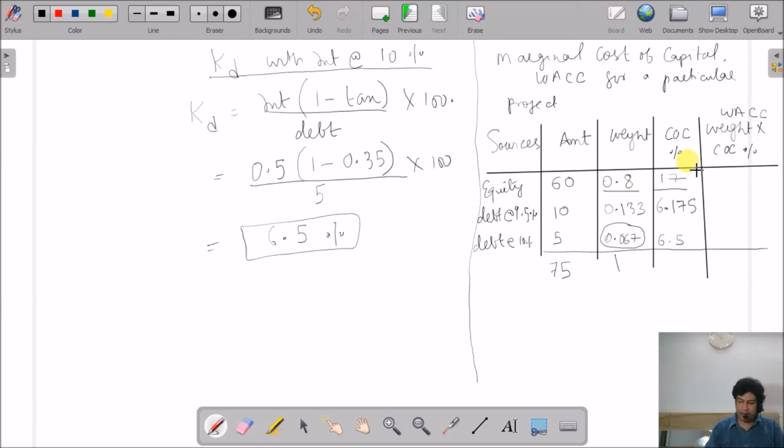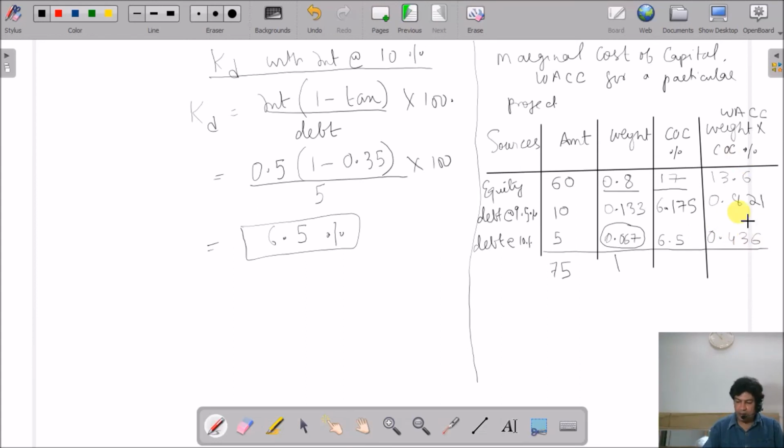So 0.8 into 17 will be 13.6. Then 0.133 into 6.175 will give me 0.821. Till 3 decimal places I am taking. 0.067 into 6.5 will be 0.436.